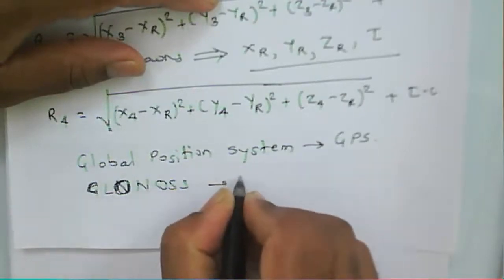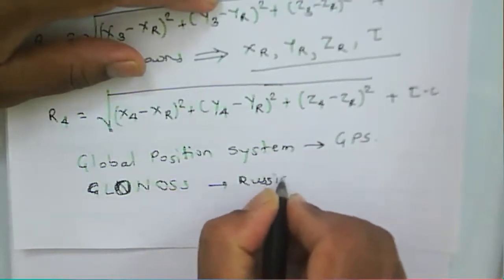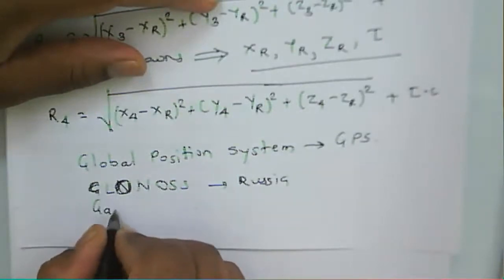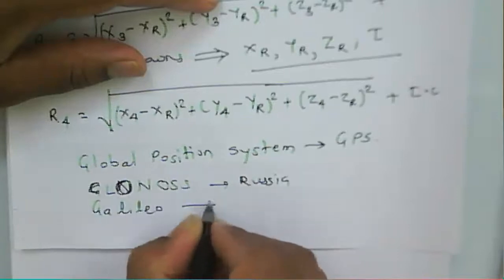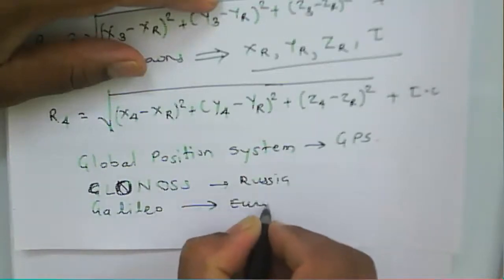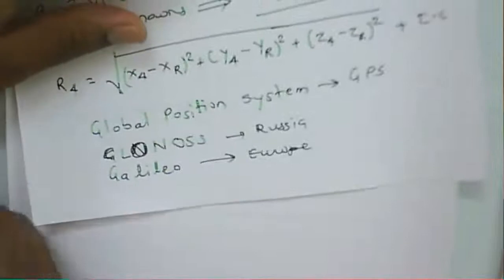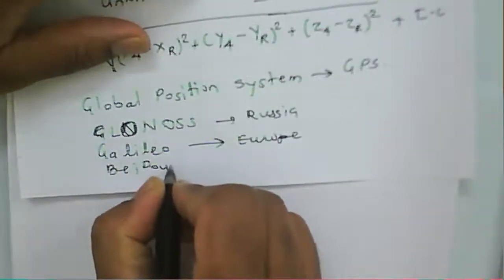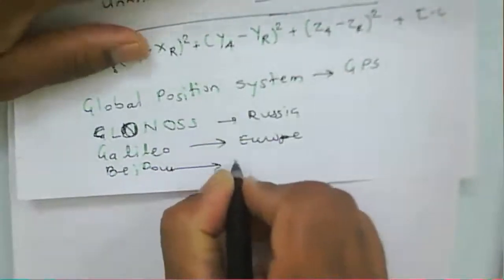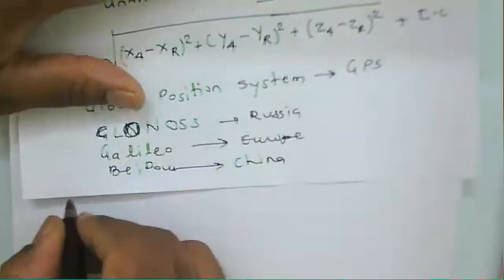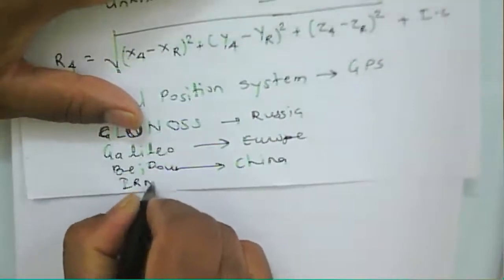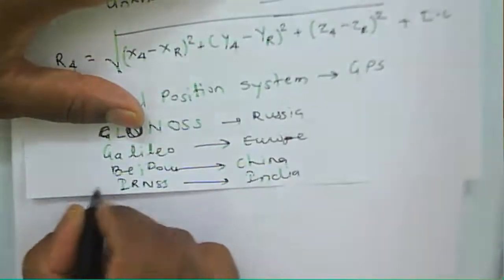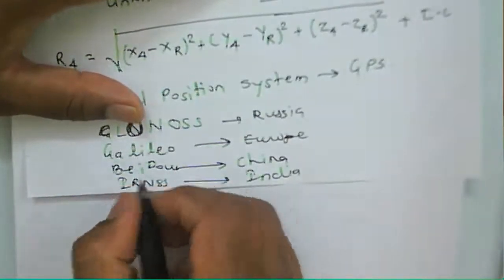GLONASS, that is by Russia. Then Galileo by Europe. Then we have Baidu by China. Then IRNSS by India, which is used for remote sensing nowadays.